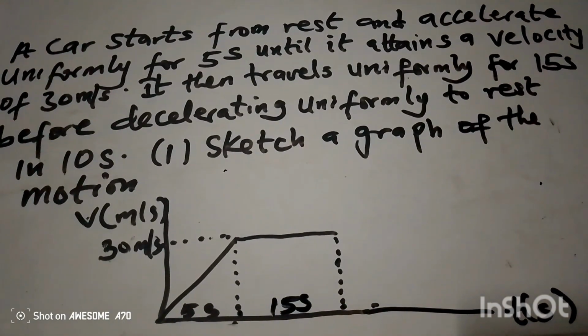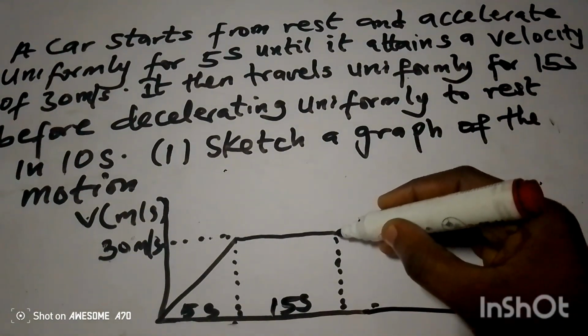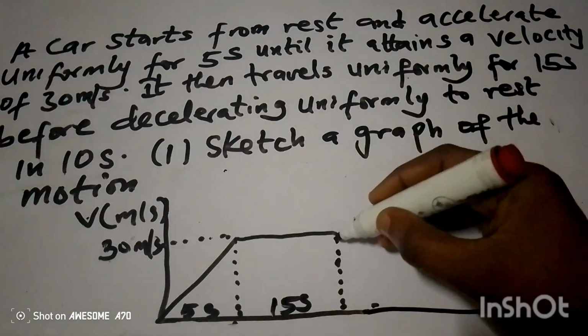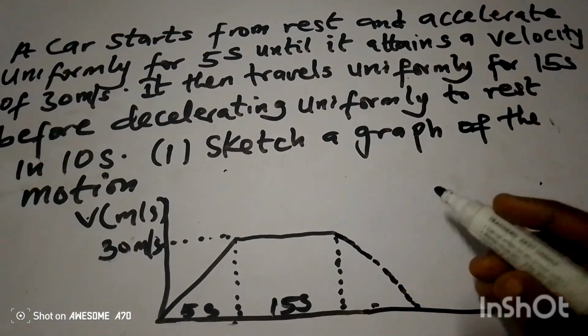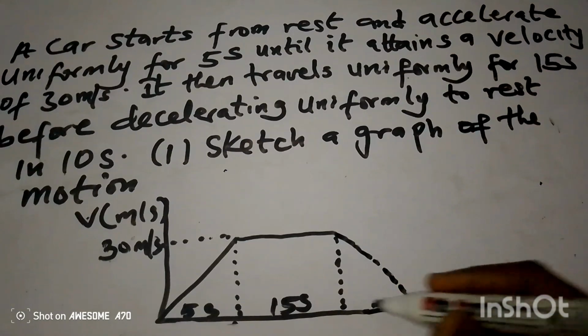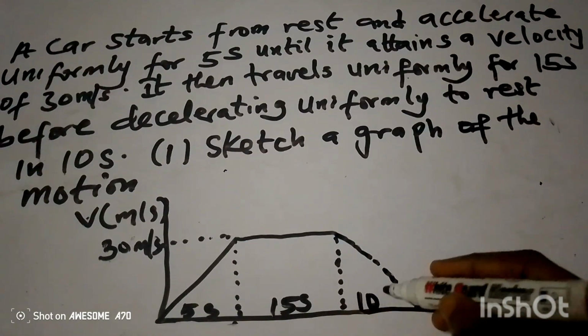Then before decelerating to rest, remember deceleration is the inverse of acceleration. So it comes back to rest, and it does that in 10 seconds. So from here to here is 10 seconds.